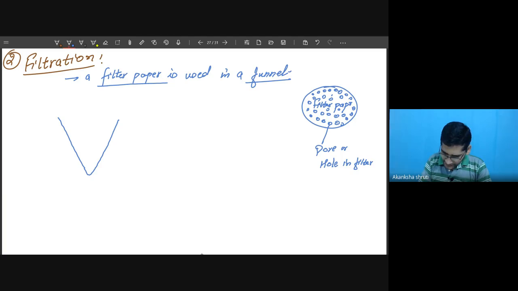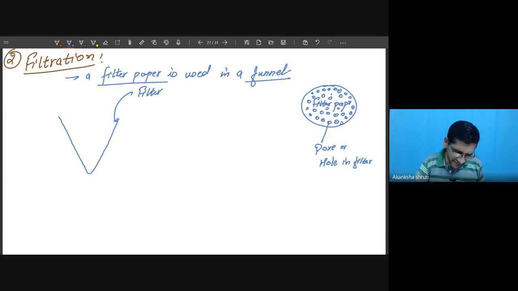So this filter paper is converted into this form. Now this filter paper has a large number of holes, pores, that will also be there on these surfaces. I'm drawing like this.